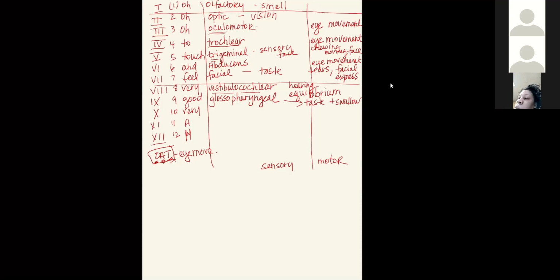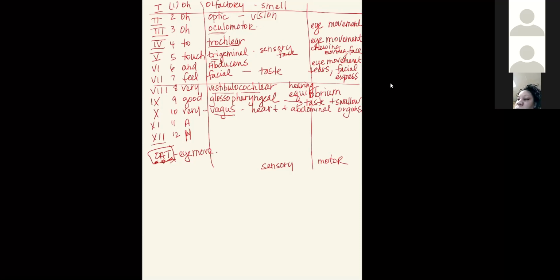Now the next V is vagus. This is the only cranial nerve that goes all the way down to your heart and your abdominal organs. The vagus nerve takes information back and forth.